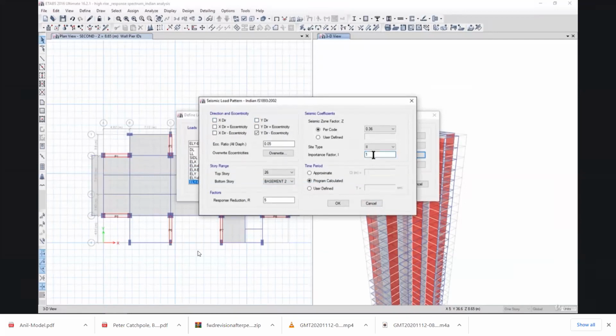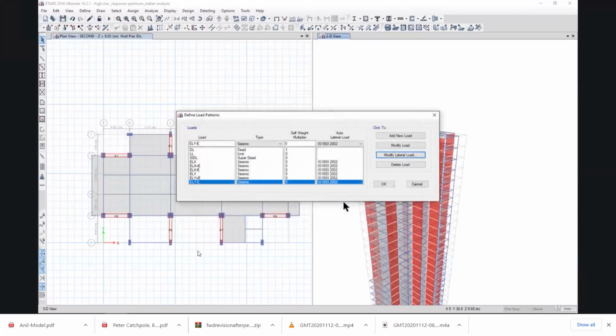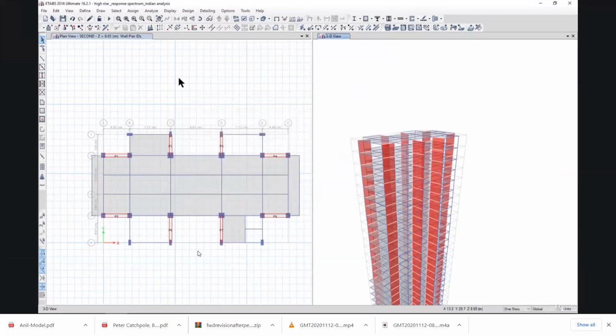Like I had missed entering the importance factor. Left click on OK option. So now we have defined all the seismic loading here.